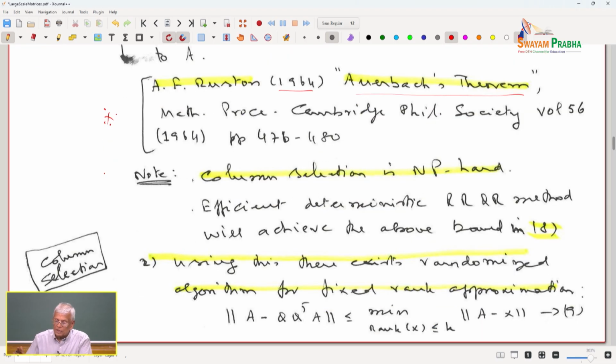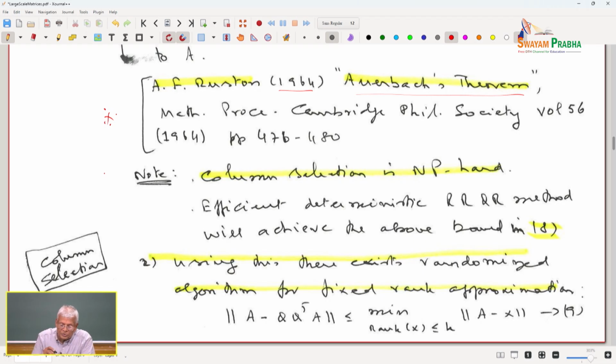So, this essentially tells you that there exist k columns using which I can get a reasonably good k rank approximation. The error in the approximation is only related to the best k rank approximation.